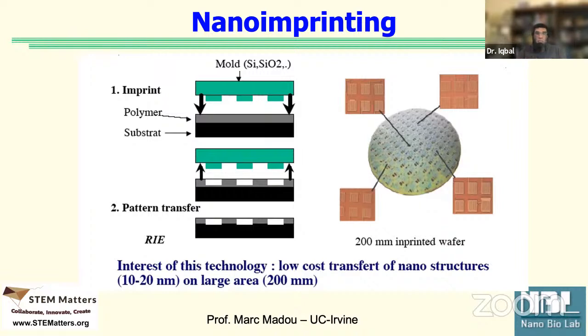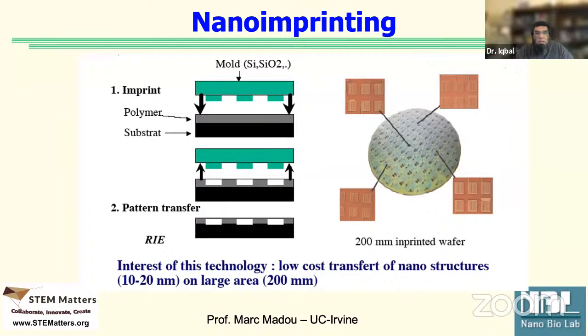In that case, while we have done the imprinting, while we have pushed it down, then we use UV to cure, to harden the resist, but not to do what we were traditionally doing in optical lithography, where the light was used to transfer the pattern. Here, we will be using UV only to harden the resist. So we still call it resist.